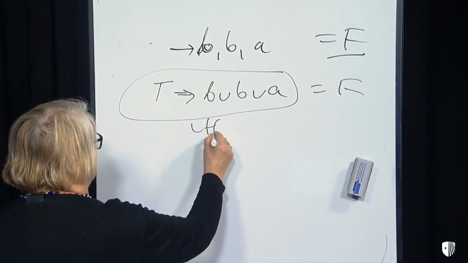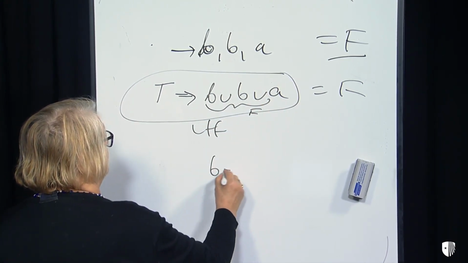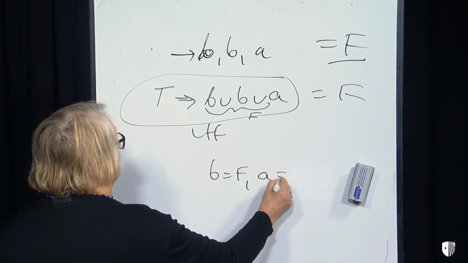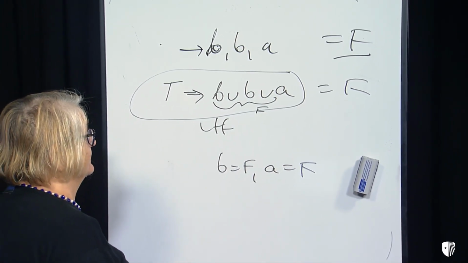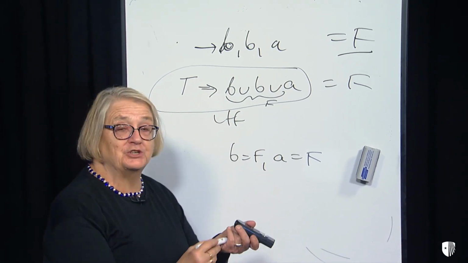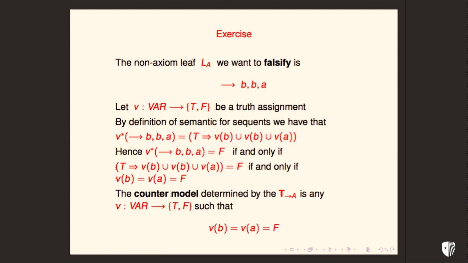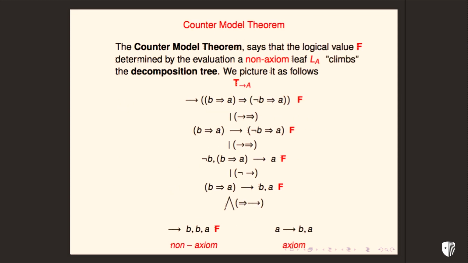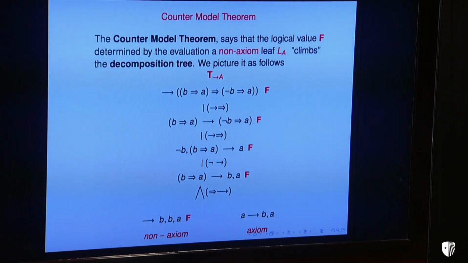That is if and only if the whole thing is F. So B is F, A is F. So this is a shorthand notation of a proper description. Oh, you see, and here I put F, and by strong soundness the F became red, it is climbing the tree.